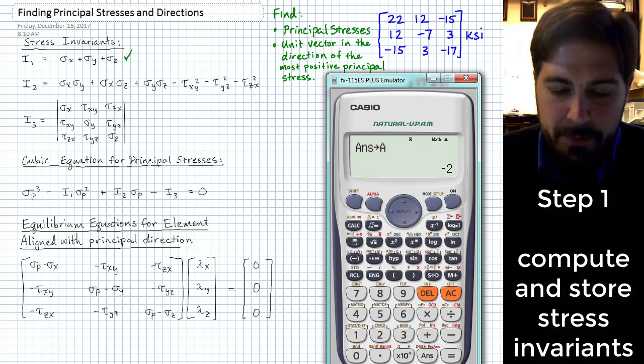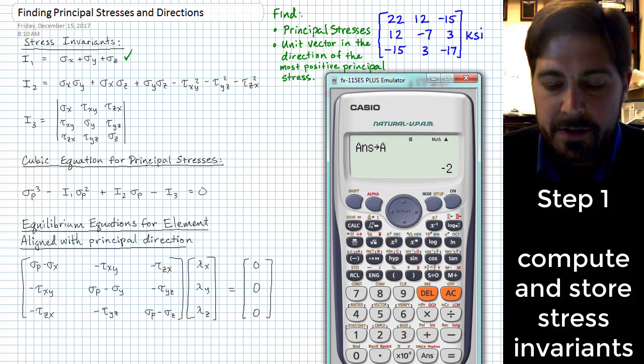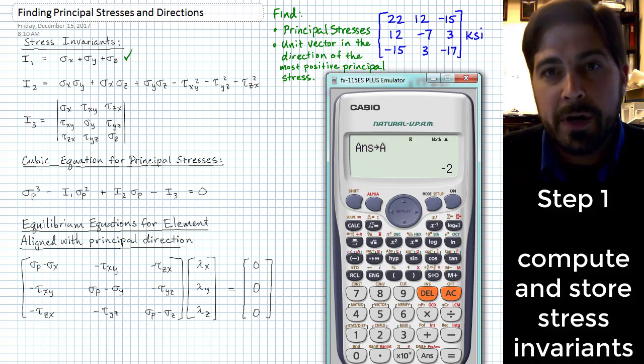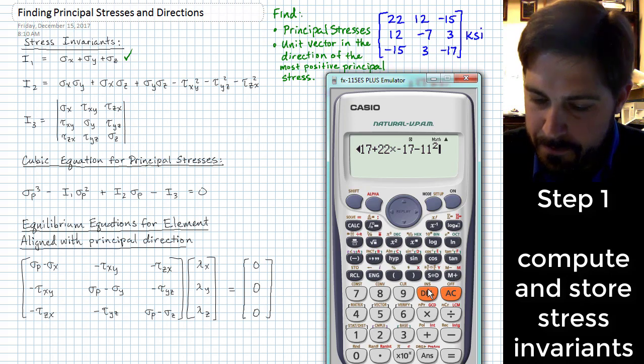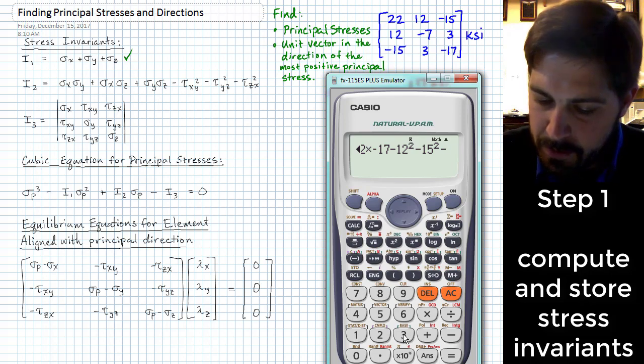The next one is a little bit more complicated. I have to take each pair of normal stress components and multiply them by each other and add all those together, then subtract off the three shearing stress components squared. So I'll enter 22 times negative 7, plus negative 7 times negative 17, plus 22 times negative 17, minus 12 squared, minus 15 squared, minus 3 squared.